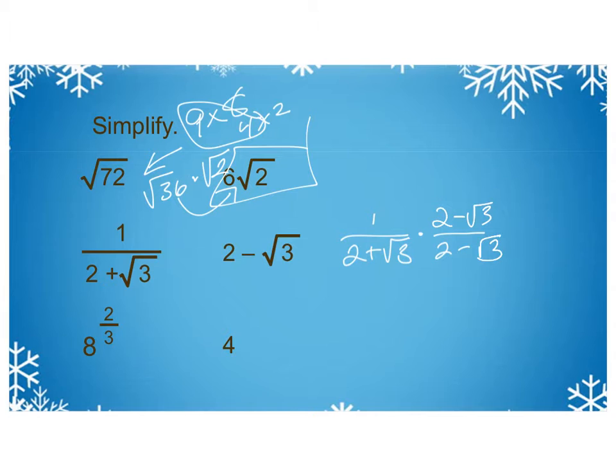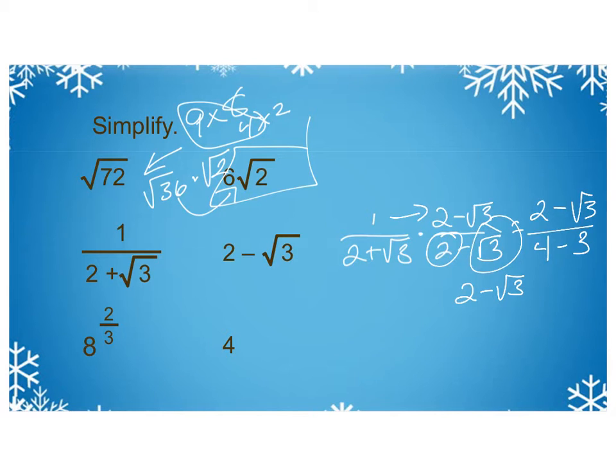Okay, so when I multiply across, I get 2 minus root 3 over a difference of squares, so it's going to be 2 squared, which is 4, minus root 3 squared, which is 3. 4 minus 3 is 1, so 2 minus root 3 over 1 is just 2 minus root 3.